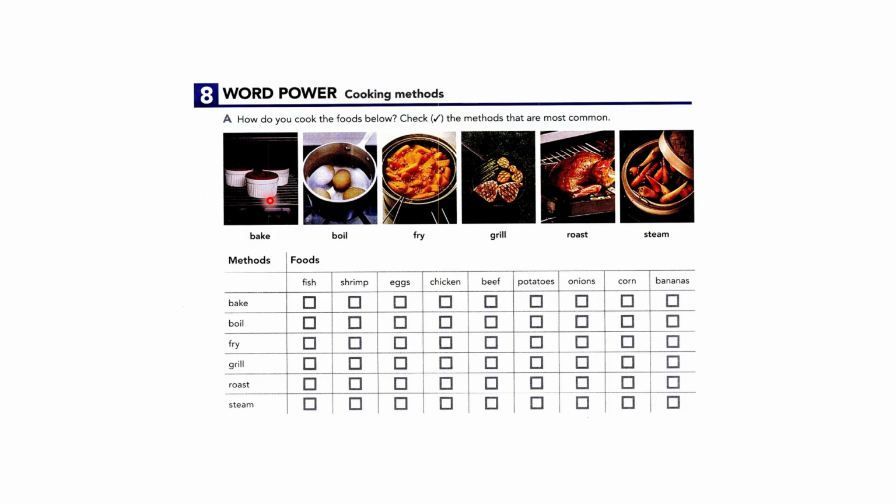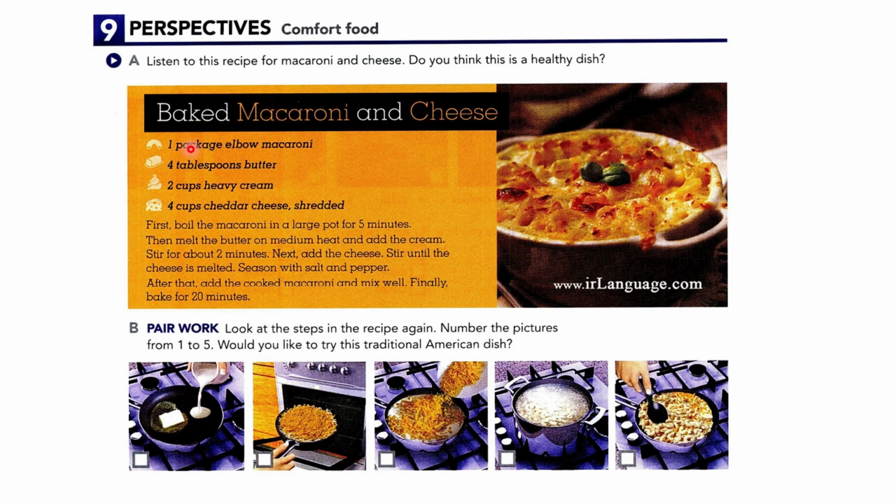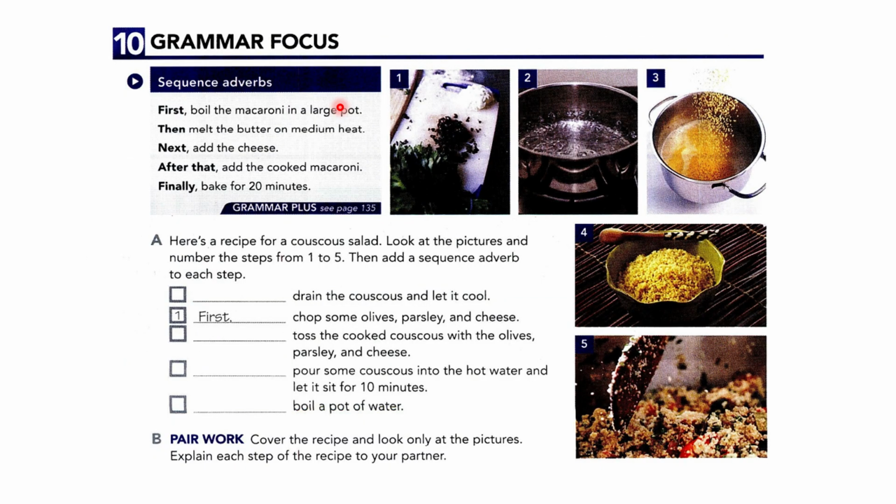We have bake, boil, fry, grill, roast, and steam. So what you are going to do is look for the meaning of these terms in Spanish. And in our next class on Wednesday, I will ask the meaning of them. So first homework. Here we have a recipe, but don't worry.